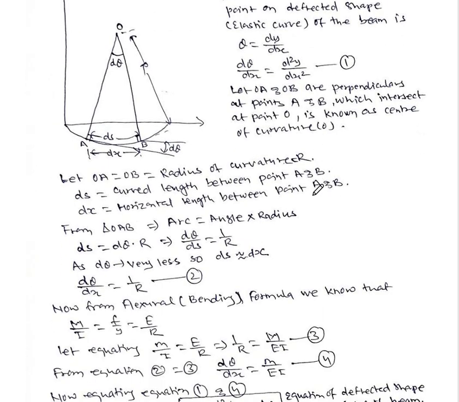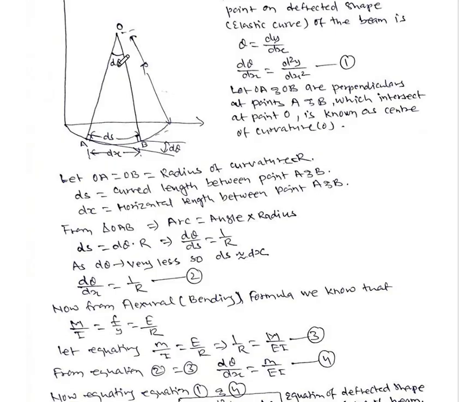Now from this triangle OAB, we know that arc ds is equal to angle d theta into radius r. Arc equals angle into radius. So ds equals r into d theta. From that, d theta divided by ds is equal to 1 by r.